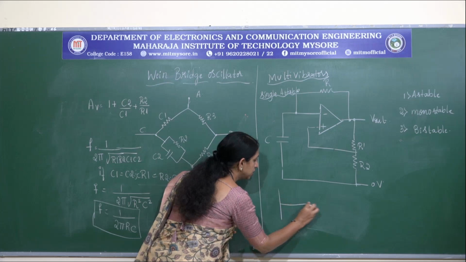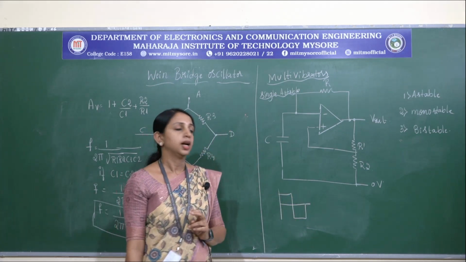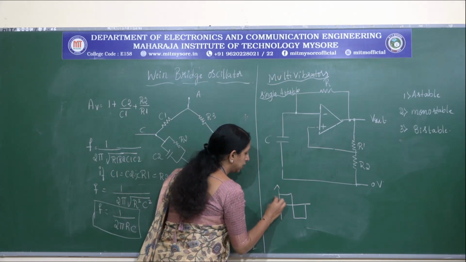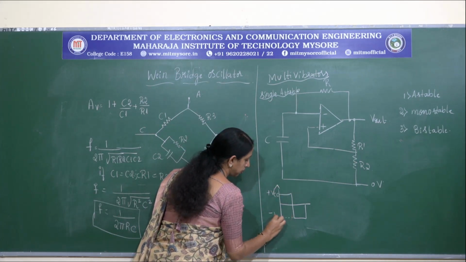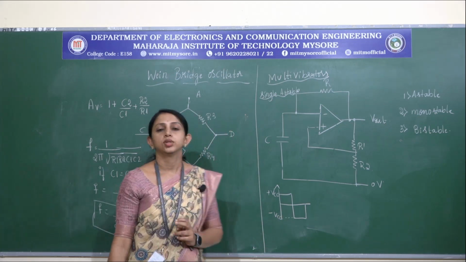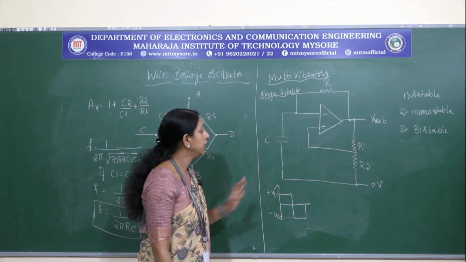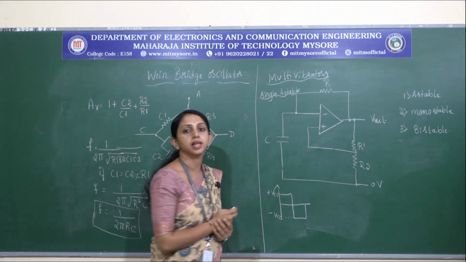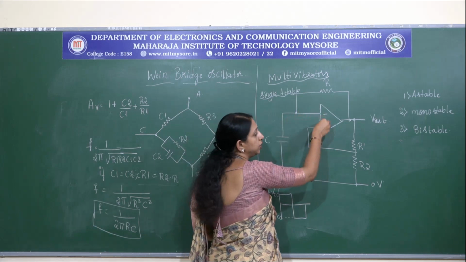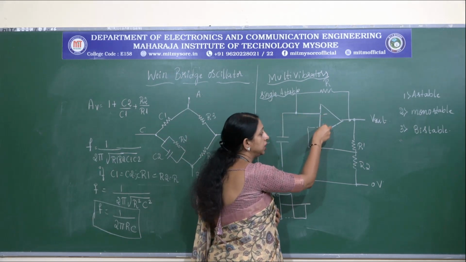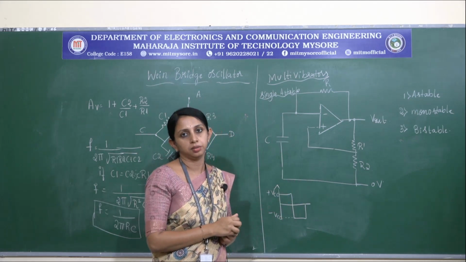We know that it is a multivibrator circuit, and it's going to produce a square wave like this. When the capacitor is uncharged, we assume that the voltage at the non-inverting terminal is more than at the inverting terminal.